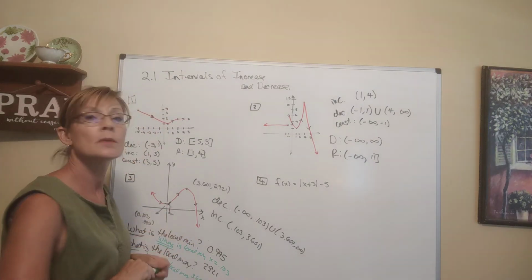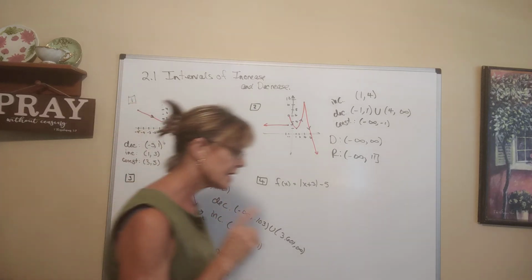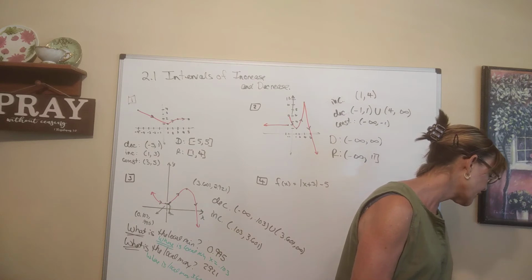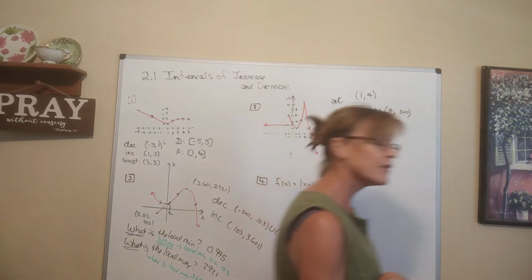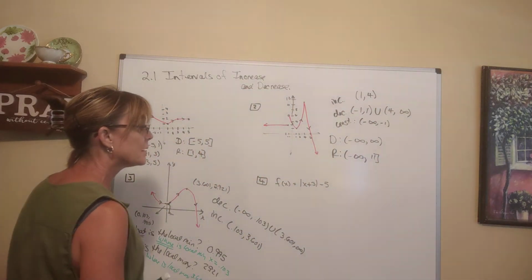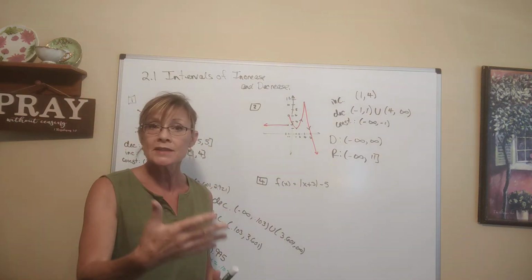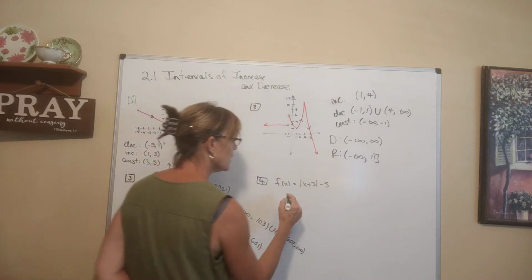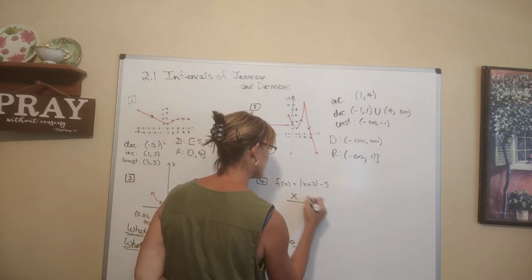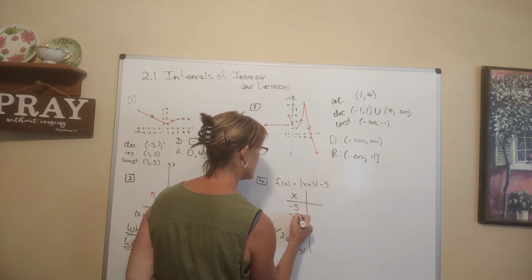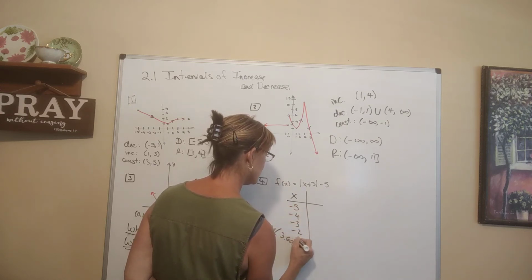Now, let's do number 4. It says, graph this function. Estimate the intervals on which the function is increasing, decreasing, and if there's any relative maxima or minima. So, let us just do a little bit of point plotting. I'm going to pick some X values for you: -5, -4, -3, -2, -1.